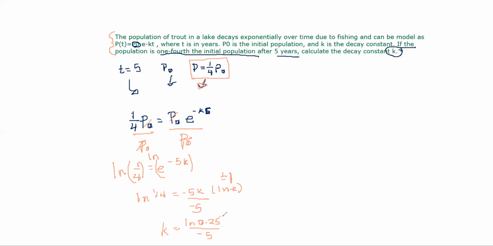And this is just, especially because I don't think you guys will have calculators on your exams, a fine form to leave it in. But you can do the full calculation and get a 0 point whatever number it is.